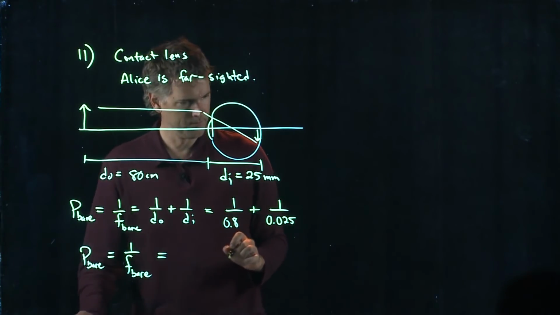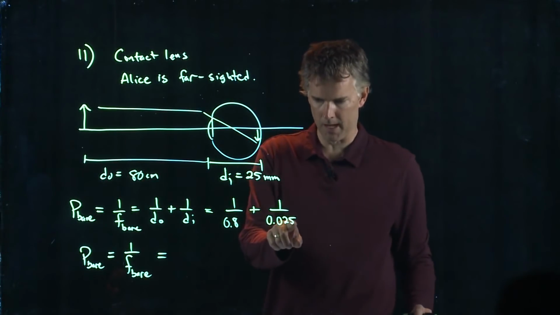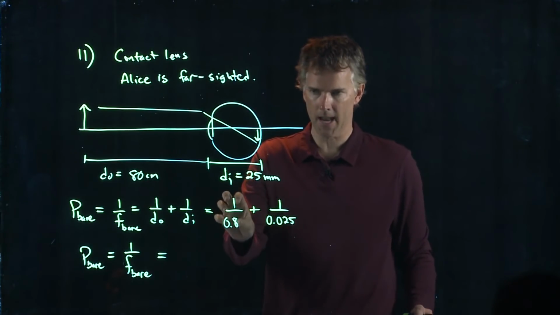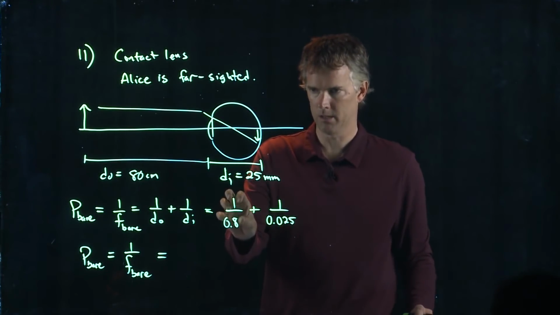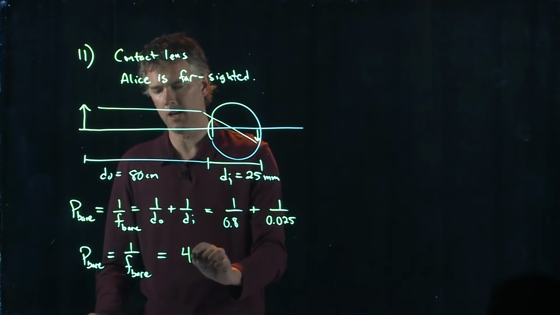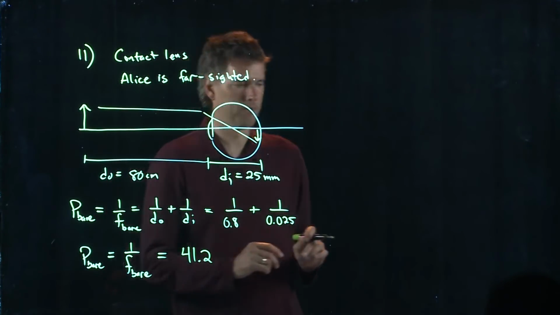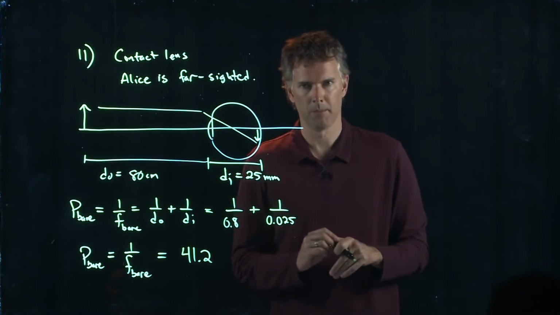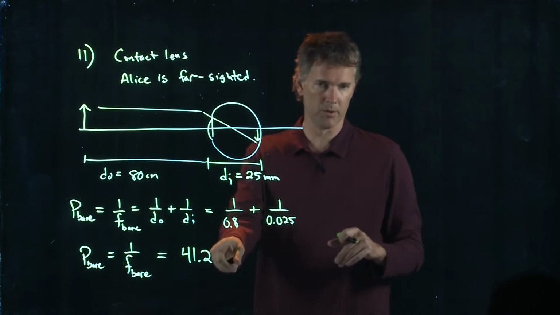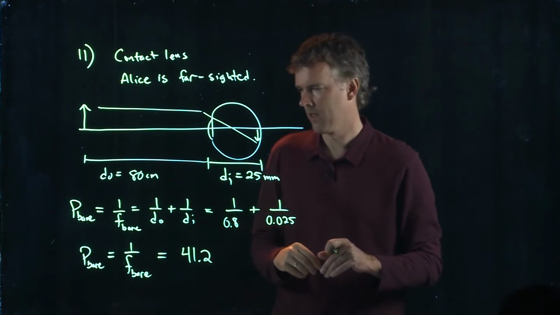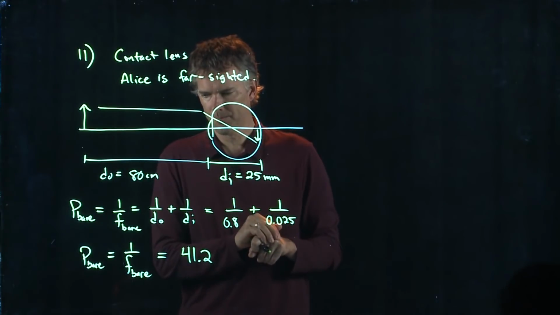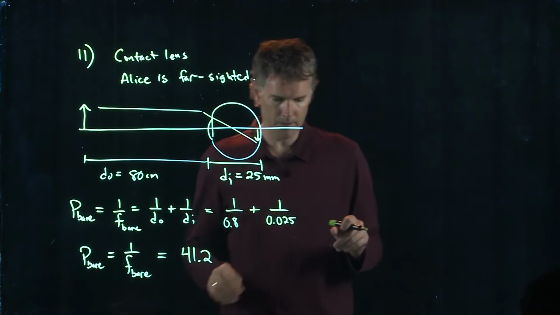This is going to be something like 40, and this is going to add another 1.2 to it. So you should get somewhere around there. Anybody get that in their calculator? 41.2? Okay. So 41.2 is the power of her bare eyeball.